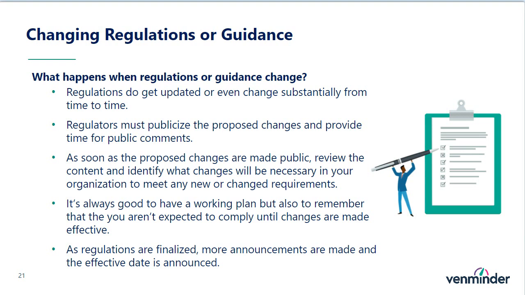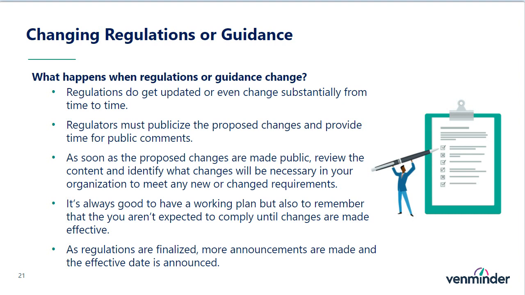And it's always important to have a good working plan, but also remember that you aren't expected to comply until the changes are made effective. And as the regulations are finalized, they make the announcements and they give an effective date. Usually there's at least 90 days to get to compliance, but it could be more depending on the number and the extent of the changes that are being made.